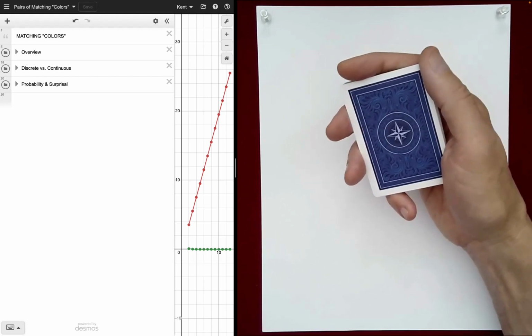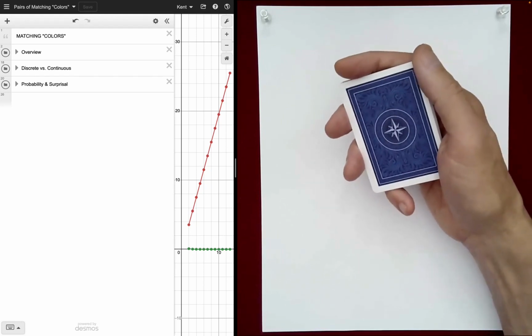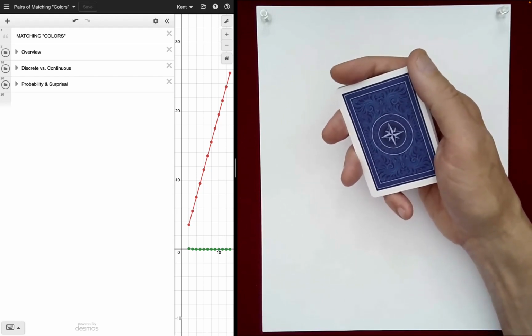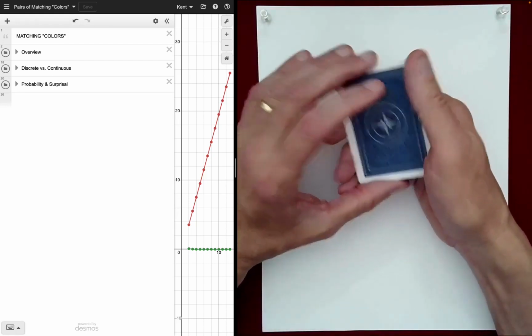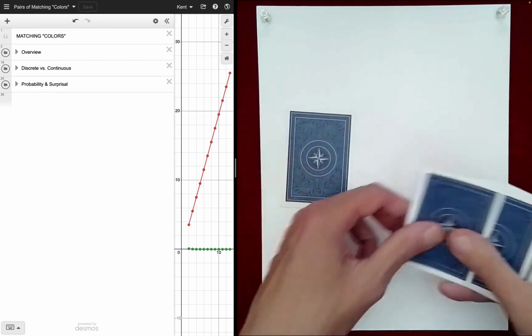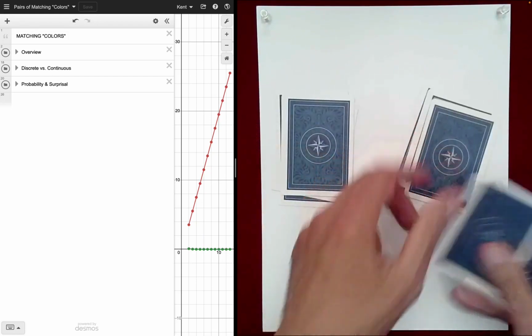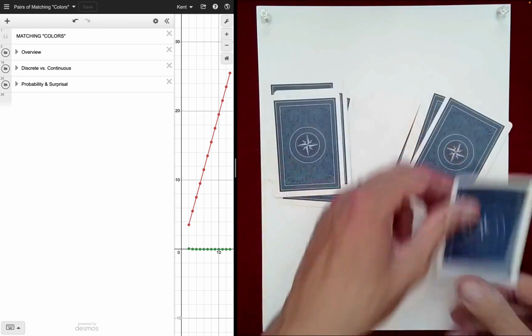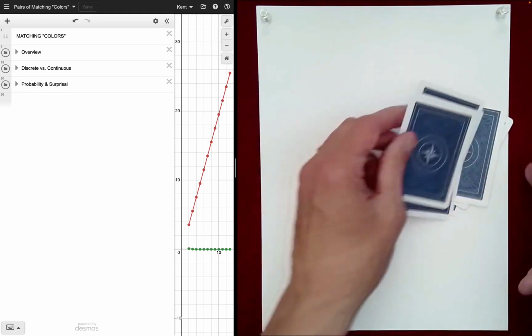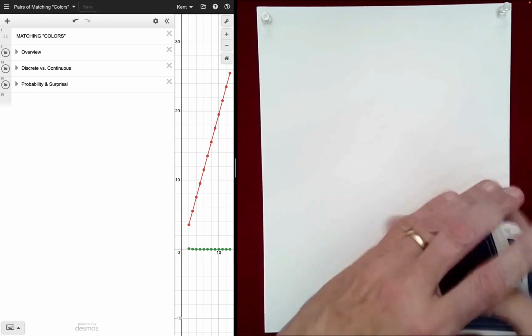And that's primarily because of something called the stay stack principle. With the stay stack principle, you can deal out into as many piles as you like, as long as the number of piles is a divisor of the packet size.